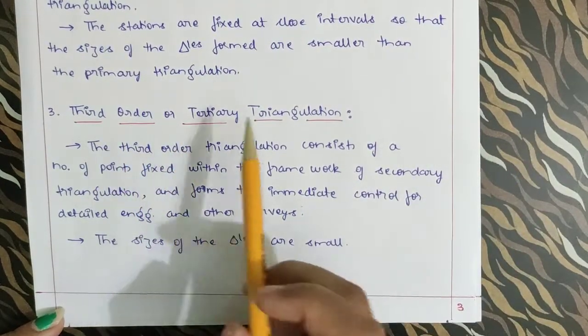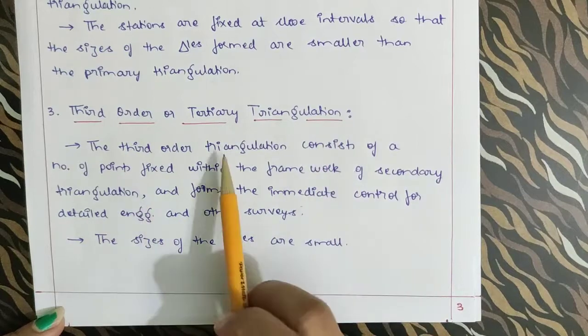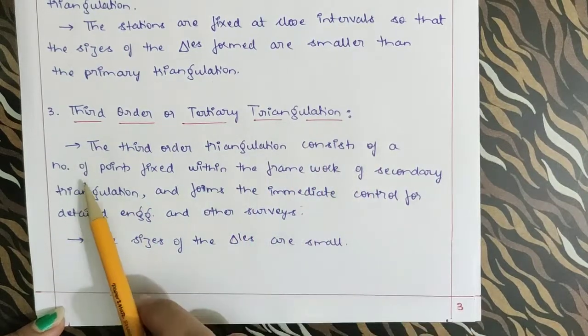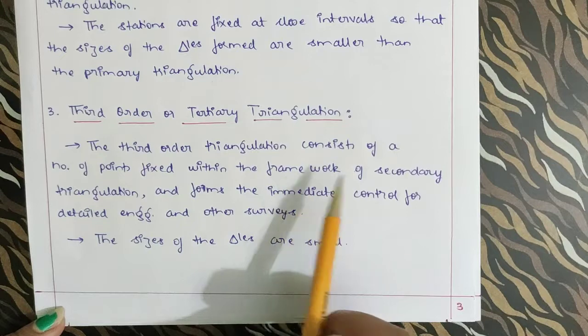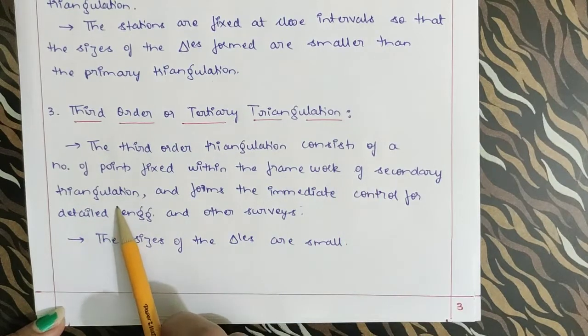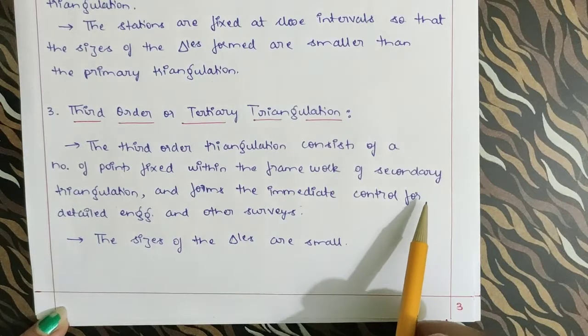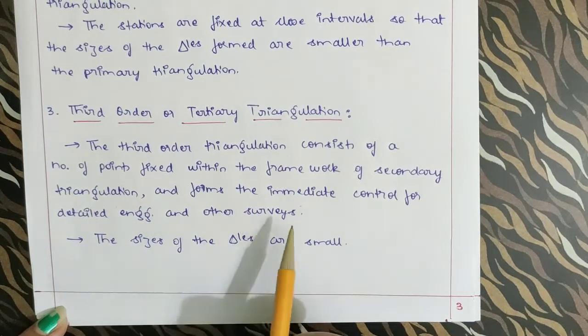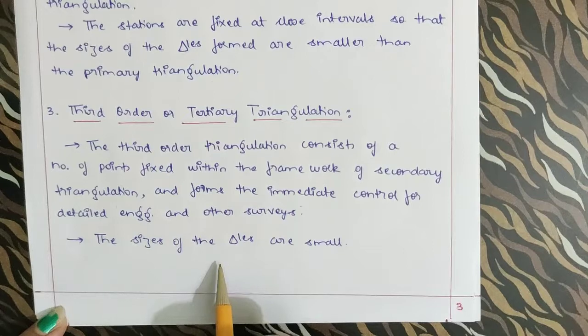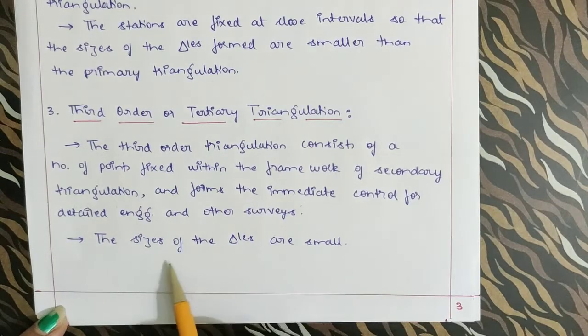Third order or tertiary triangulation. The third order triangulation consists of a number of points fixed within the framework of secondary triangulation and forms the immediate control for detailed engineering and other surveys. This is carried out for a smaller area and the size of triangles is small.